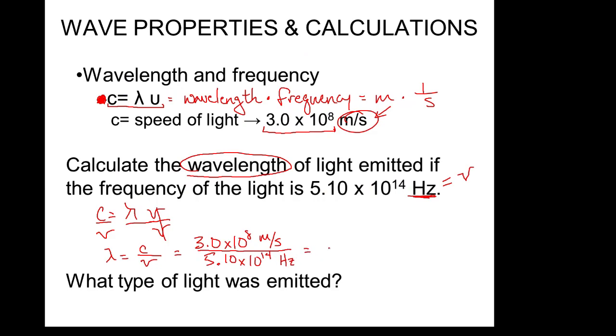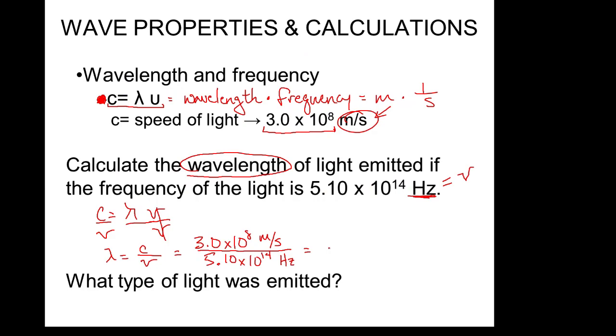Then I'm going to plug these into my calculator. Remember, when you do this, use parentheses for the top and the bottom, the numerator and the denominator, just so it doesn't foul up your answers. So 3 times 10 to the 8th divided by 5 e to the 14th, and I got 6.0 times 10 to the minus 7th.